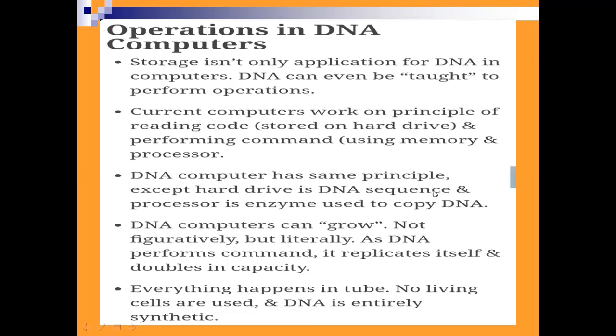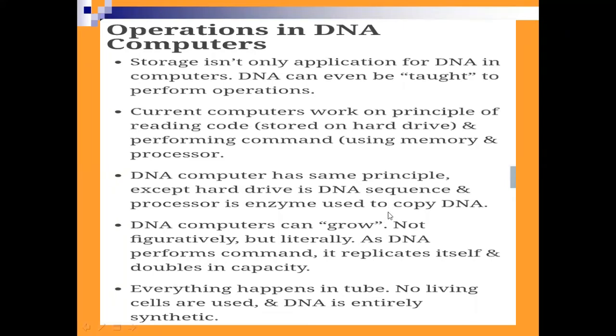Instead of a hard drive, the DNA sequence, what we have seen in the previous pictures as circuits, is going to act as the hard drive, and the processor is an enzyme used to copy DNA. So the processor used in the DNA computer is an enzyme, and that enzyme will copy the DNA. That enzyme is nothing but DNA polymerase, which is already there in living systems. In a living cell, when DNA replication takes place, which is a molecular biology concept, who replicates the DNA strand?